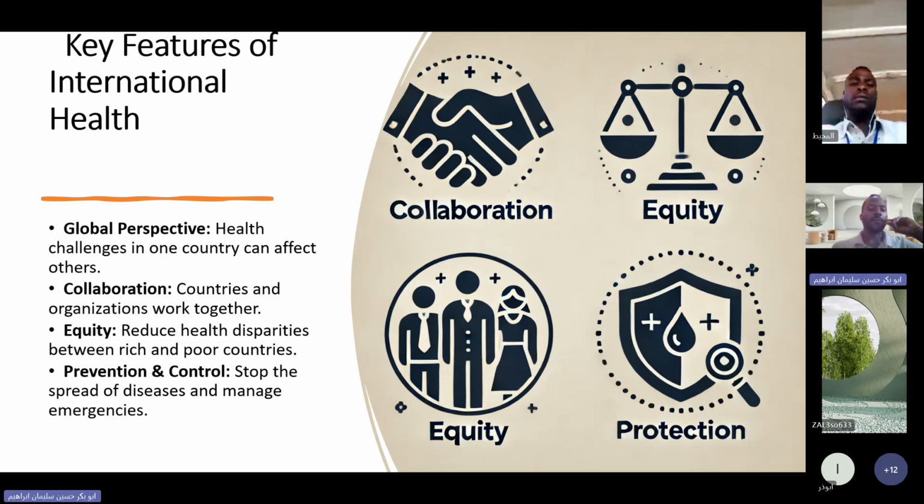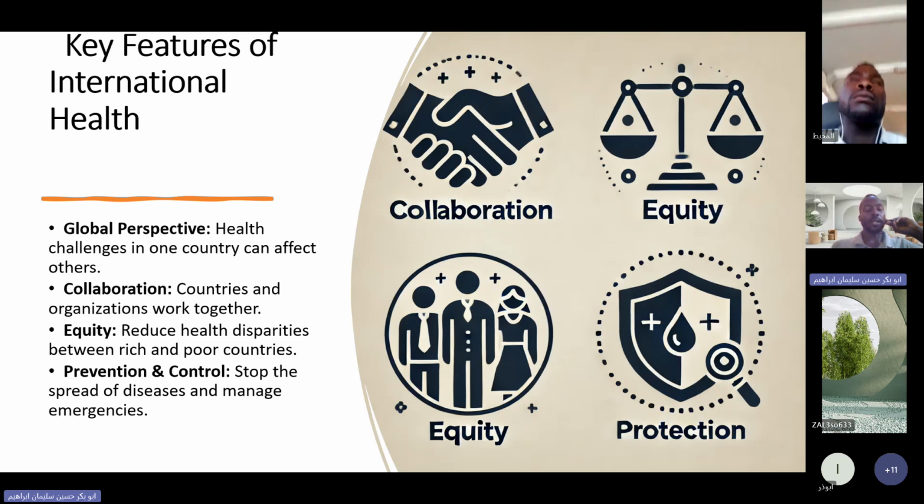Thus, the fourth key feature of international health is prevention and control. International health is mainly focused on how we can stop the spread of disease and how we can manage emergencies when they happen.